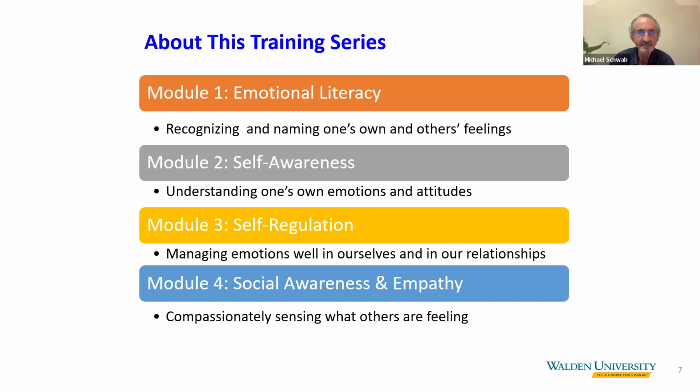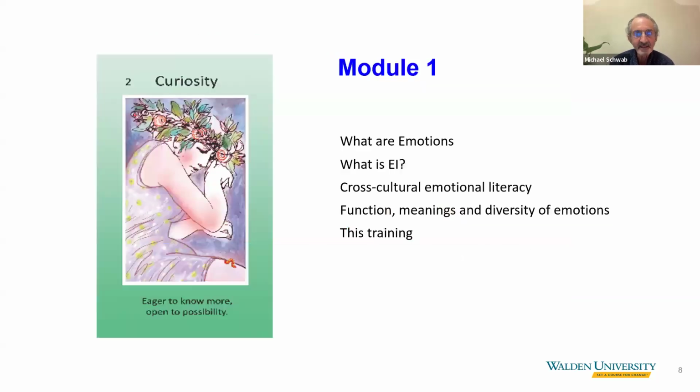Okay, great. So next slide, please, Lida. Module 1, very briefly, we're going to look again at what emotions are and what emotional intelligence is. Look at emotional literacy, really the words that we use and the ways that we use them across cultures. A little on the function and meanings and diversity of emotion.